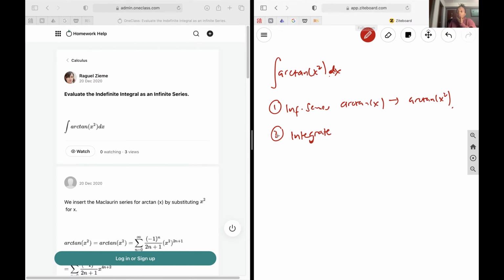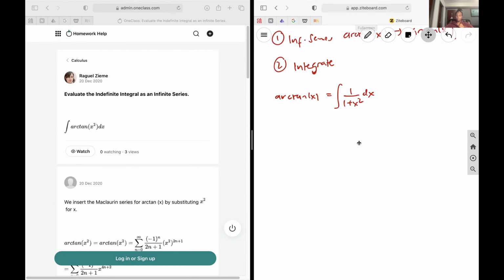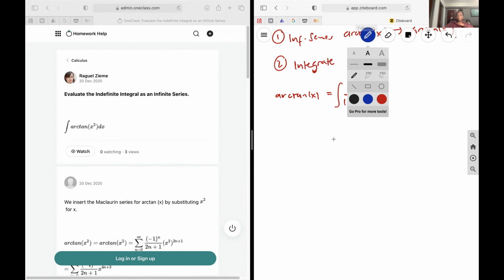Okay, so first off, I need to remember the fact that arctan x is going to be the integral of 1 over 1 plus x squared dx. Okay, I know that from my common integrals. And so I can make an observation here.